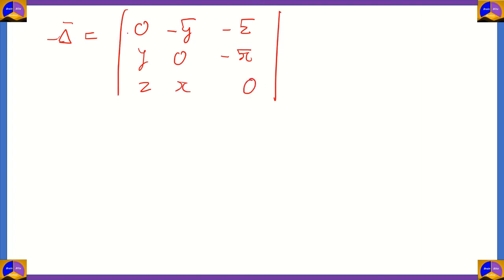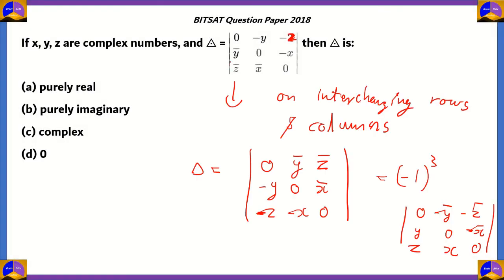So that determinant is now converted to minus delta dash. So the determinant delta originally is now determinant delta dash.